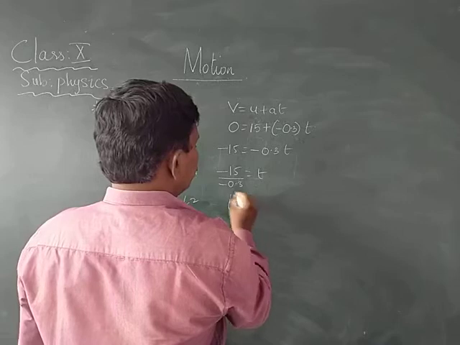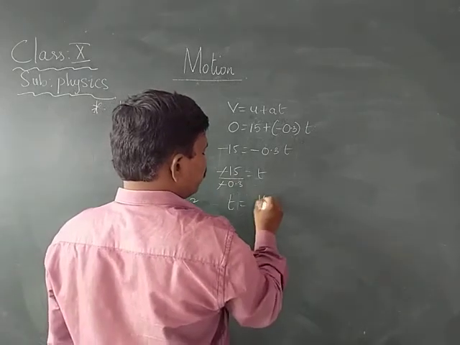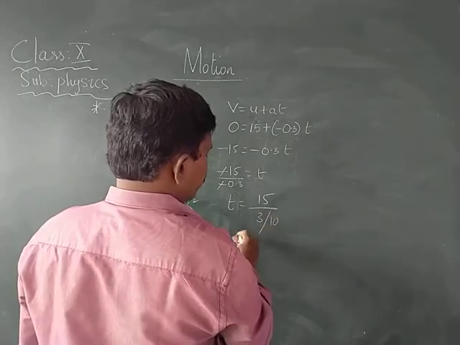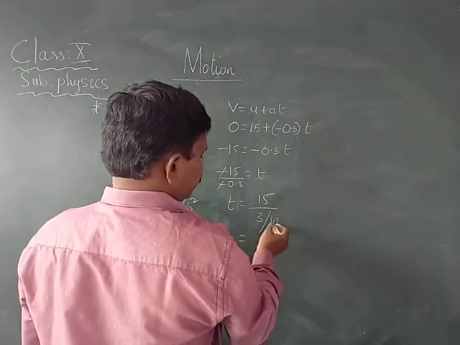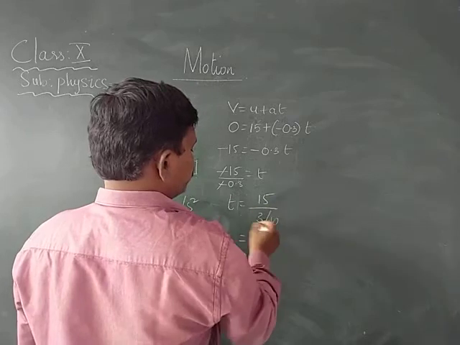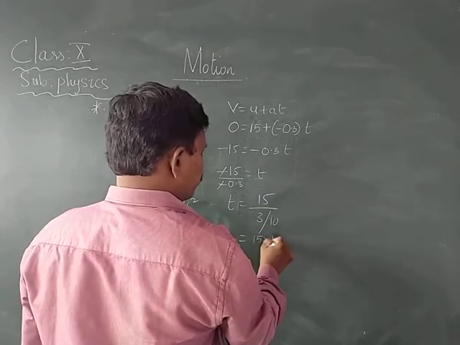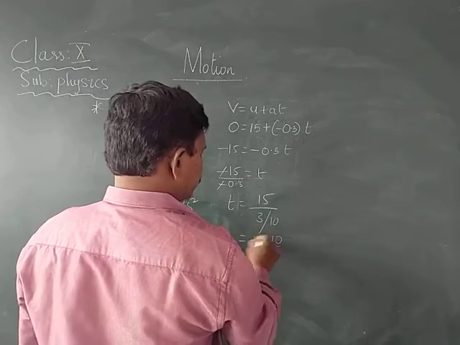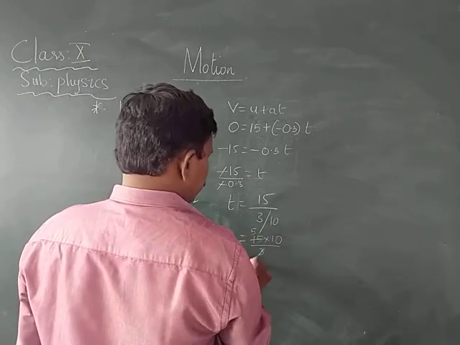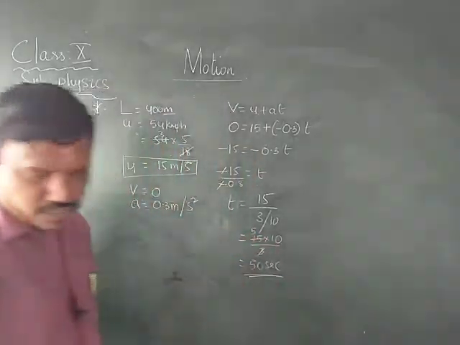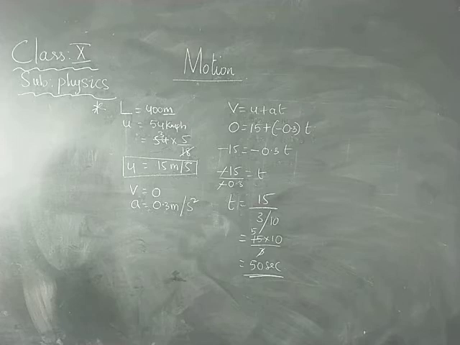The minuses cancel, so T is 15 by 3 by 10, that is 15 into 10 by 3. 3 fives are 15, so it is 50 seconds. What is the time? We are getting 50 seconds.